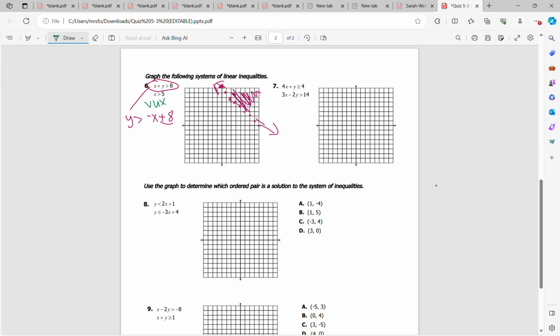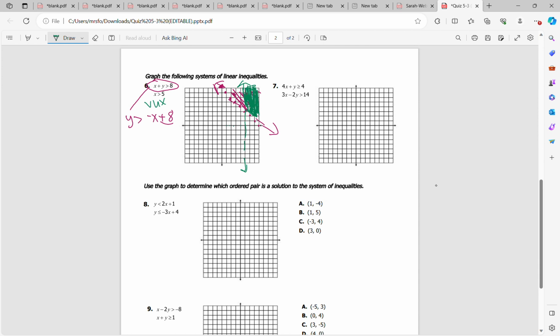So 1, 2, 3, 4, 5, and it's a dashed line, and it's greater than, so we shade where the greater numbers are, and we're going to really darken in where the two regions overlap.